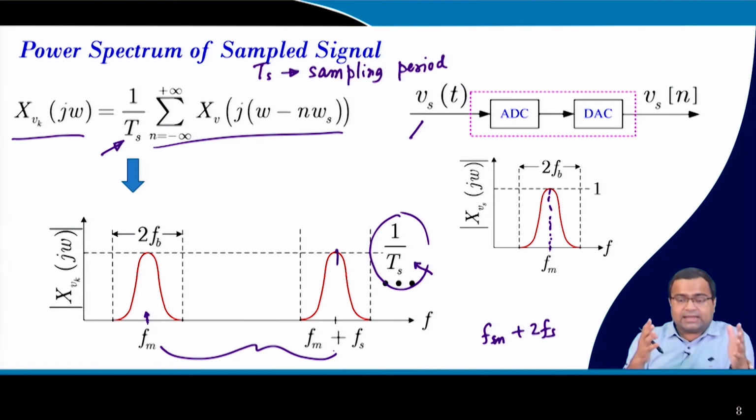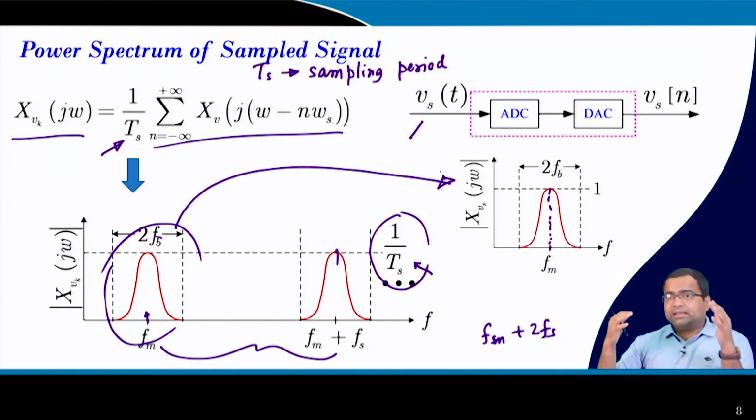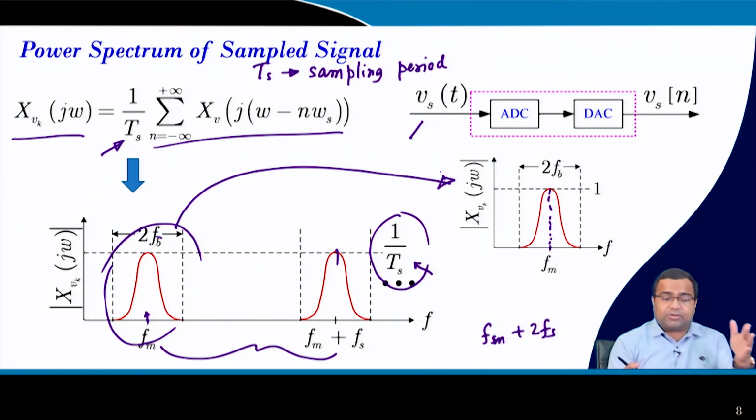And it can be shown that as Ts tends to 0, this signal will asymptotically look like the analog signal again. This comes from the Nyquist theorem, the Shannon sampling theorem, from where we can get the spectrum of this sampled signal.